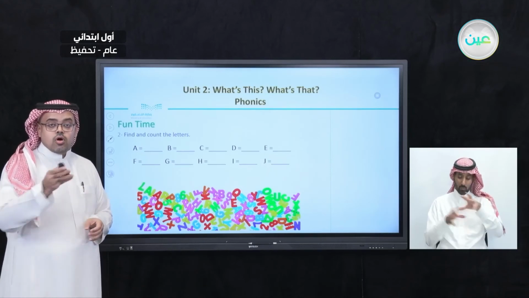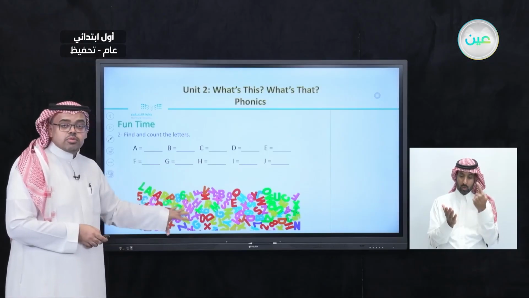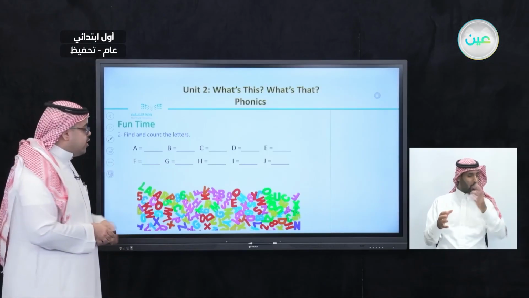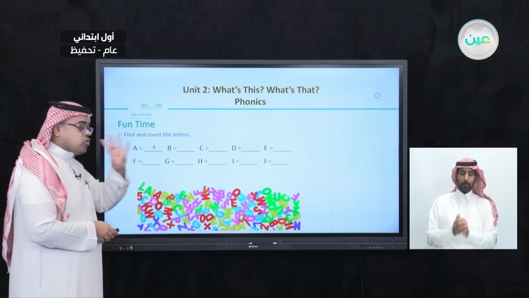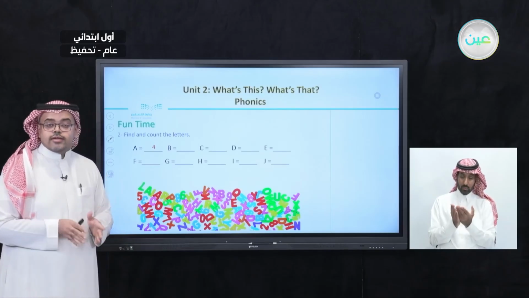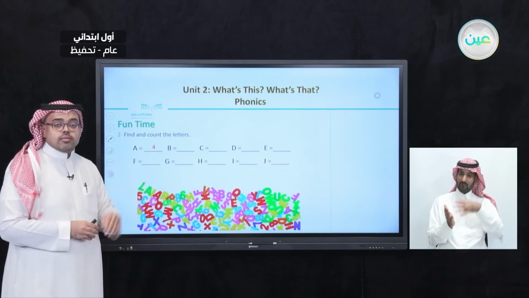For example, in your books, if you look around in these scrambled letters, you can see the letter A 4 times.